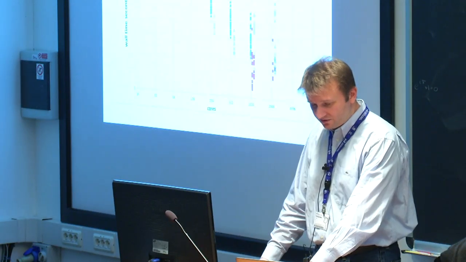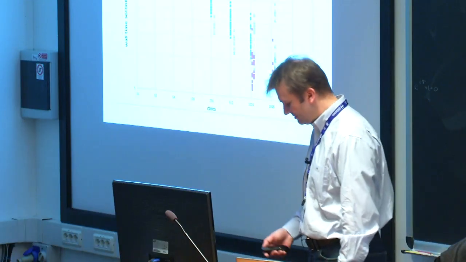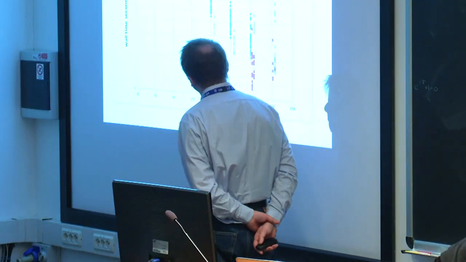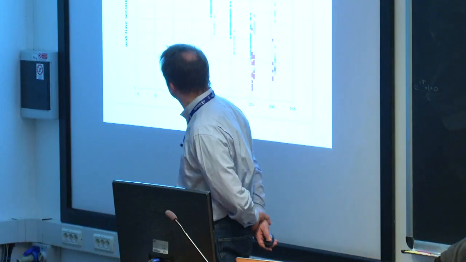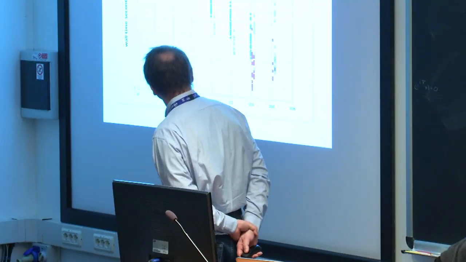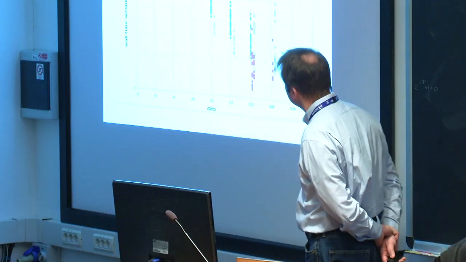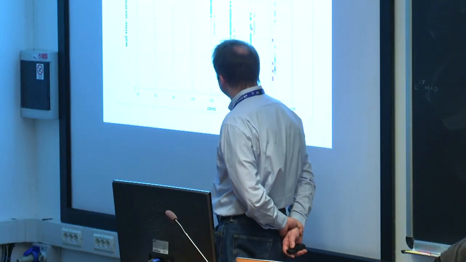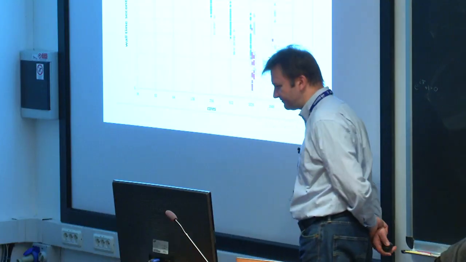I just want to spend a few more words about this. It shows many different runs of Quantum ESPRESSO collected at different times, with different numbers of cores and different configurations.